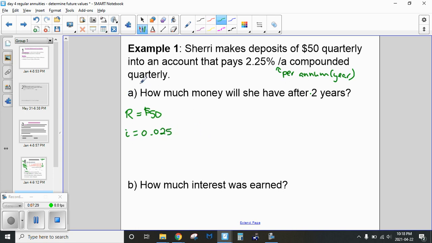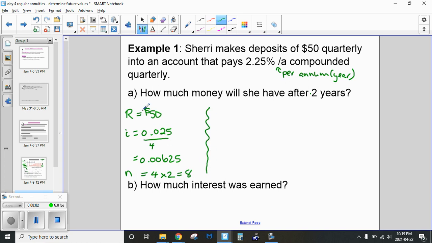And this one's compounded quarterly, so I have to remember to adjust the interest rate because of the compounding period. So that will become 0.00625. The number of deposits: she was doing quarterly payments, which means 4 per year for 2 years. That means she deposited money 8 times in total.